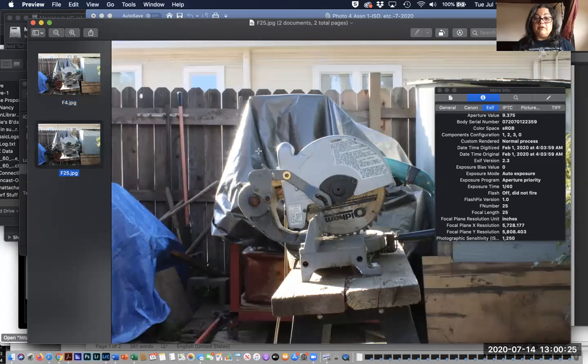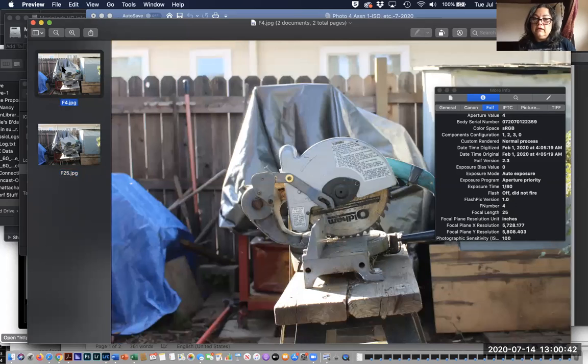With the small aperture, it starts to become this kind of star-like effect. And you can see that in the background as well. In the bright areas, it's kind of glowing. It's shooting out these little spokes of light, which you don't get with a large aperture.